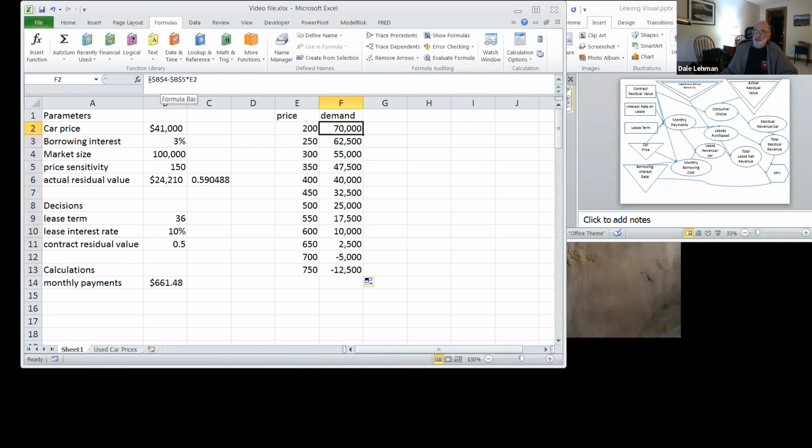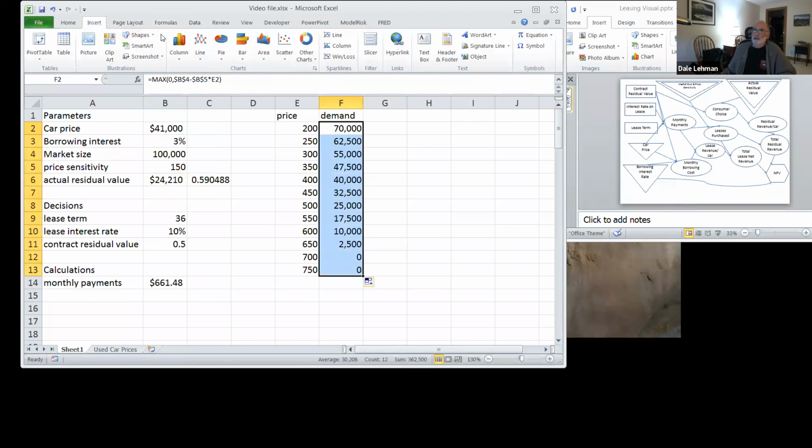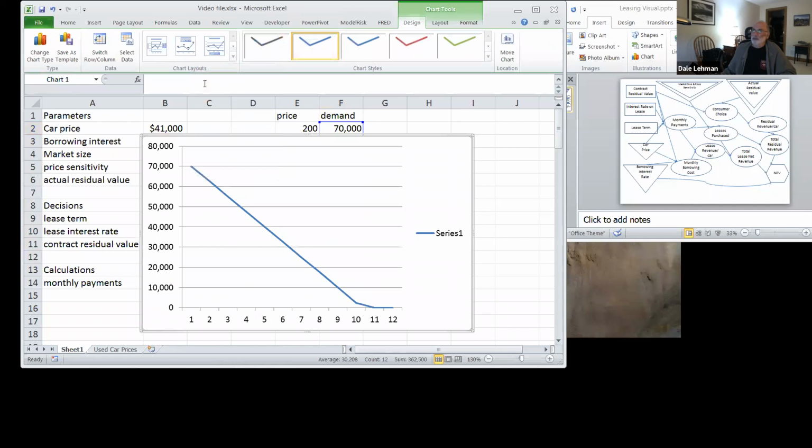So in fact, I want to modify this formula a little bit and say this is the maximum of either 0 or that calculation. And you could, for instance, put a little graph of this, sort of line chart.